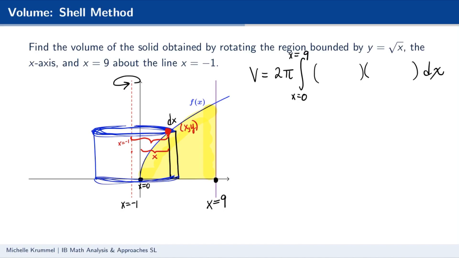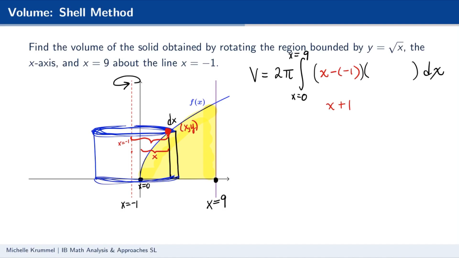So that right x value is just x, and the left x value is always -1. That's fixed. That's not changing. So it's going to be x minus -1. That's the radius of my function now, x minus -1. And x minus -1 can also be written as x plus 1, that double negative there.